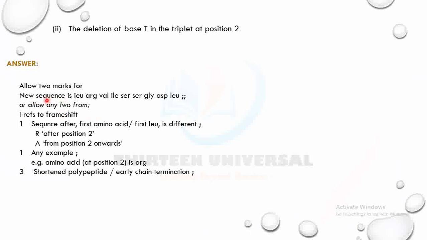So the new sequence is listed for us here: after the first amino acid, the rest from position 2. We're also going to have a shortened polypeptide. Remember that the last base triplet is not complete.